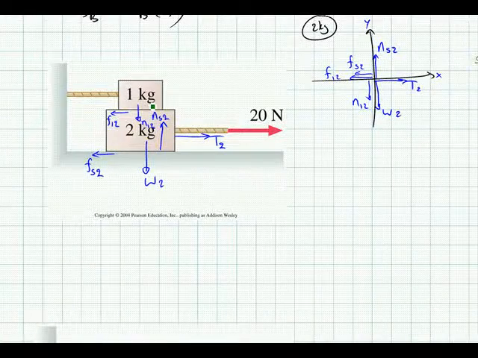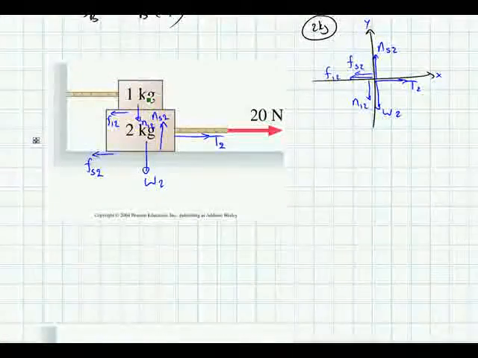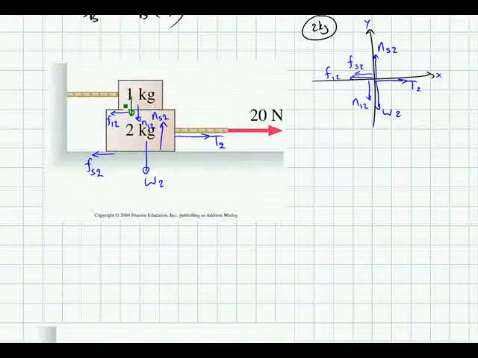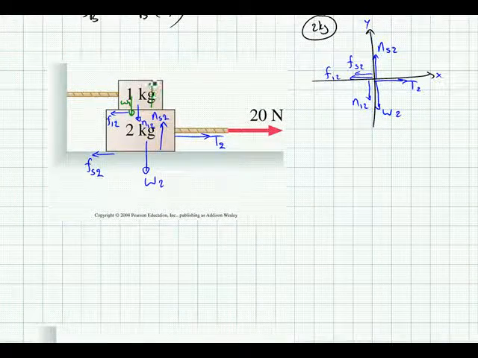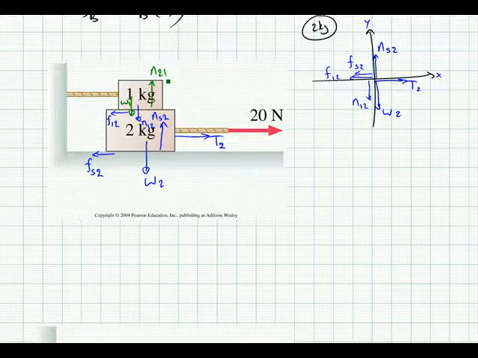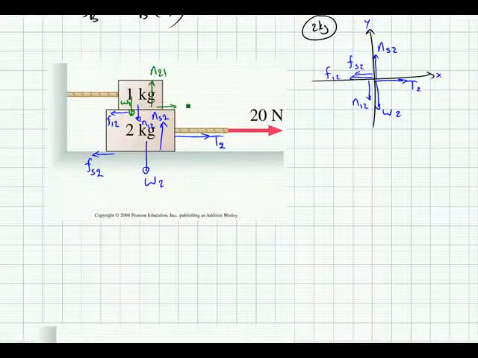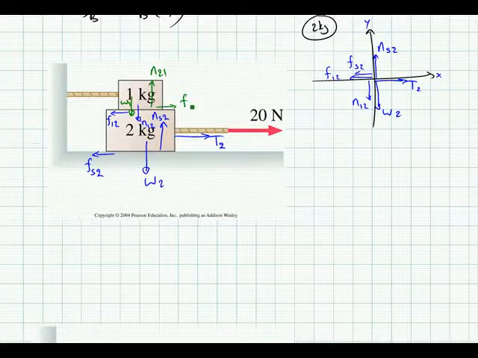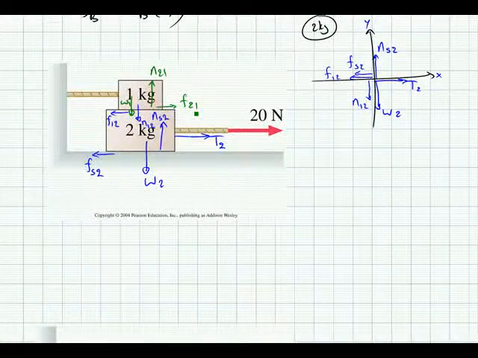Now the forces on the 1 kilogram object, marked in green. We of course have the weight of the 1 kilogram, the normal force of 2 on 1. There is a friction force of 2 on 1. Notice the friction force is pointing to the right.